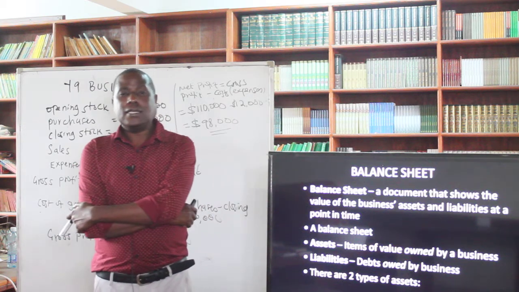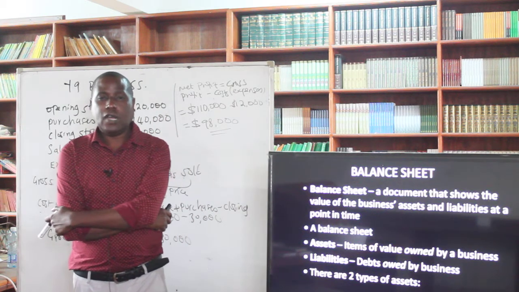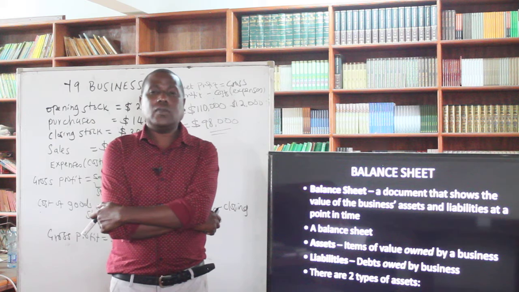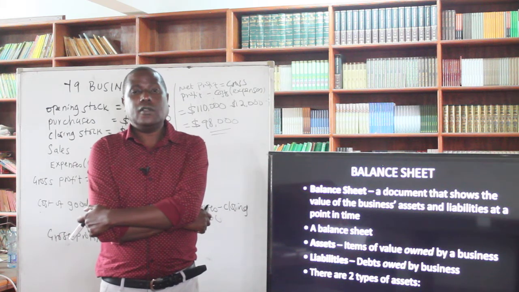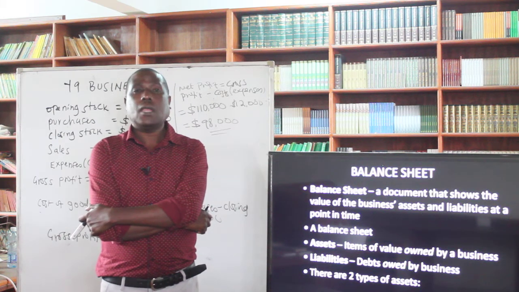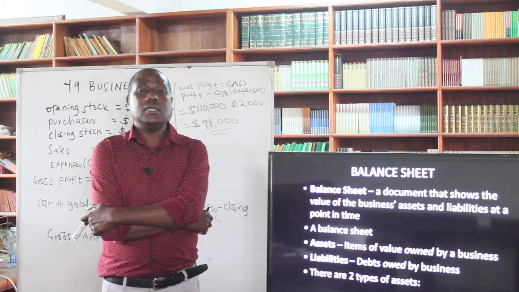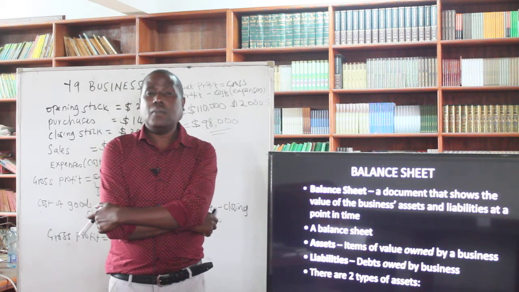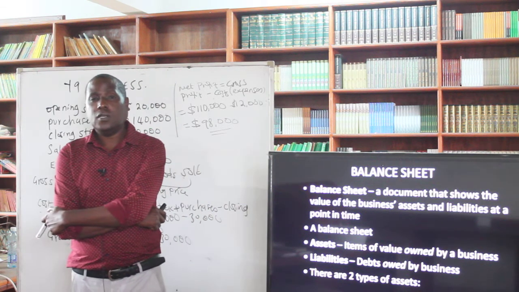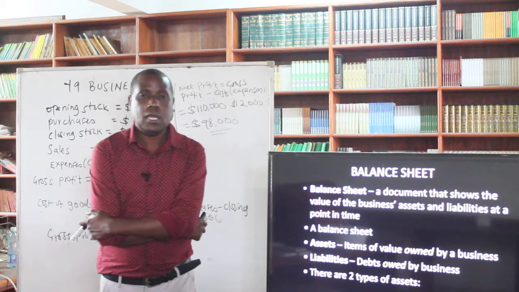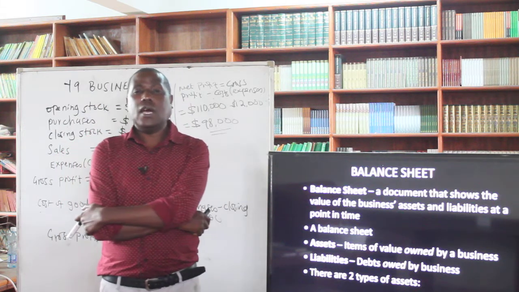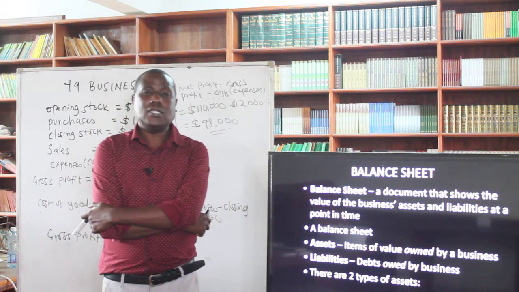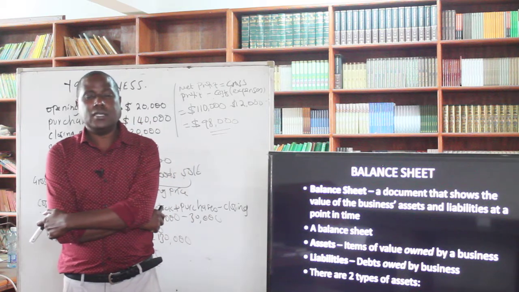So let's look at assets. These are items of value owned by the business. For example, furniture, cash in hand, cash at the bank, buildings, machines, vehicles, and so on. Liabilities, on the other hand, these are debts owed by the business.